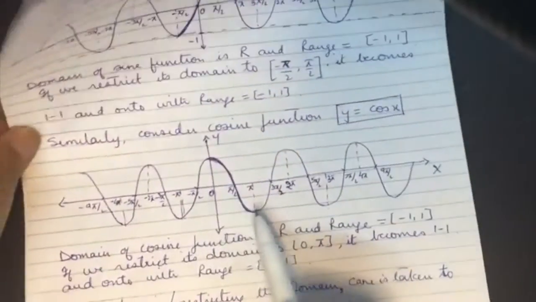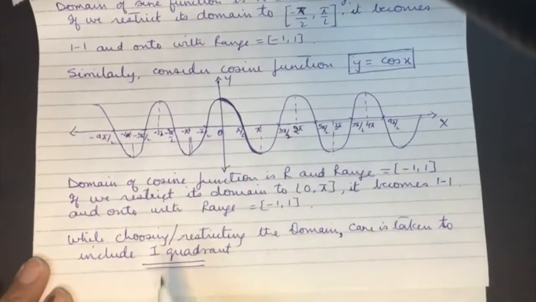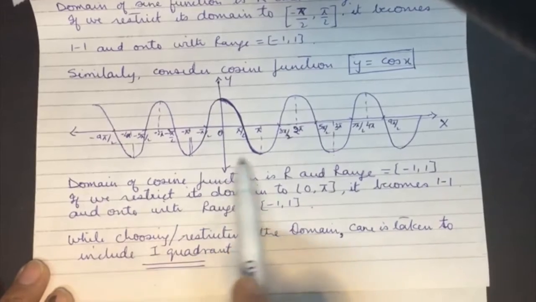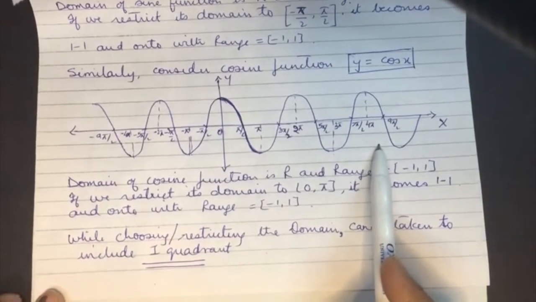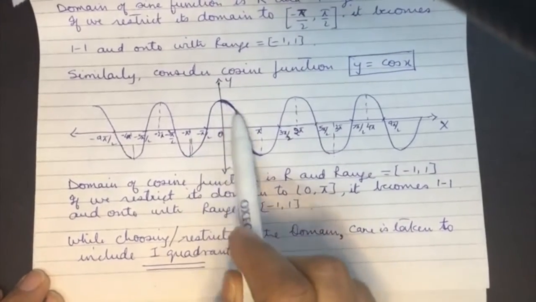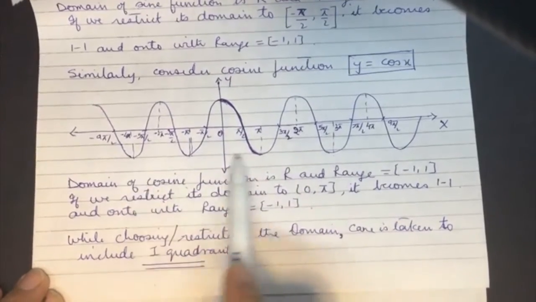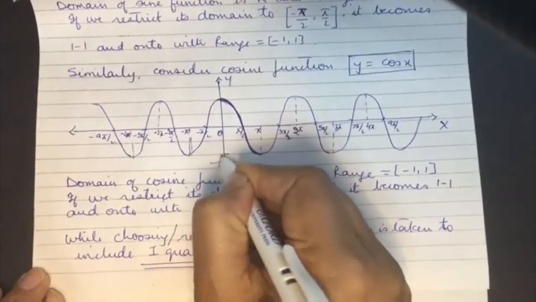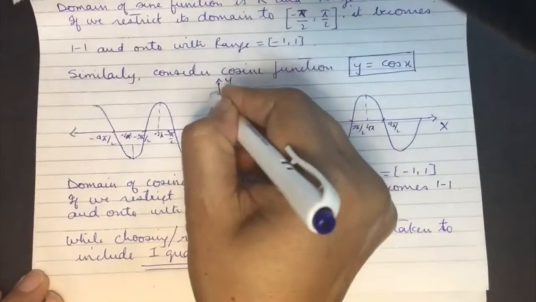Similarly, in the case of the cosine function, the graph is somewhat like this, and the range of cos x is between minus 1 and plus 1.